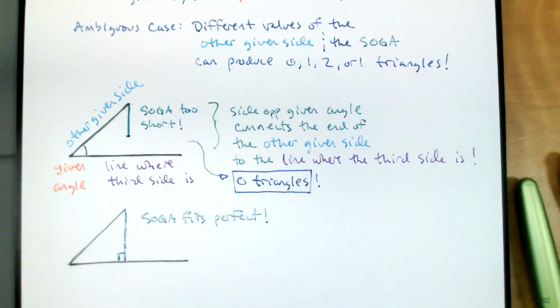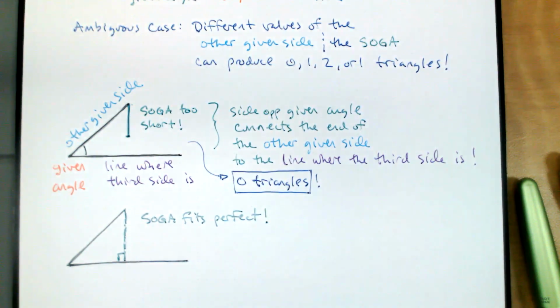It could be that the side opposite the given angle exactly makes that distance. It's exactly the distance from the end of the other given side to the line where the third side is.